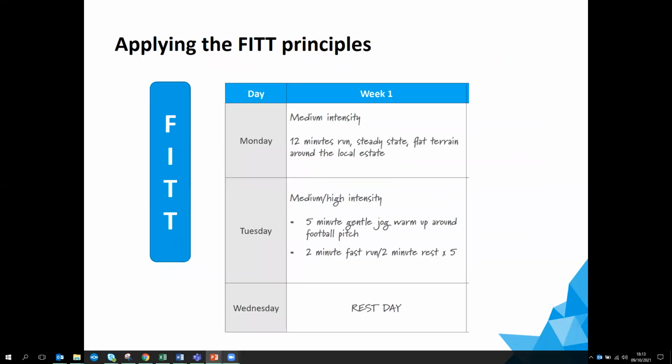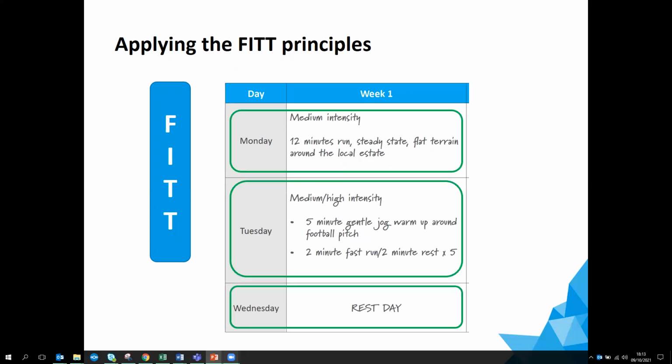Now I'll demonstrate how you can apply the FIT principles into an example of a plan. Now this only shows a snapshot of a 4-week plan, but you can see the different elements. Frequency, so how often you will train. So here you can see that between Monday and Wednesday, the individual is planning to exercise on 2 of the 3 days.